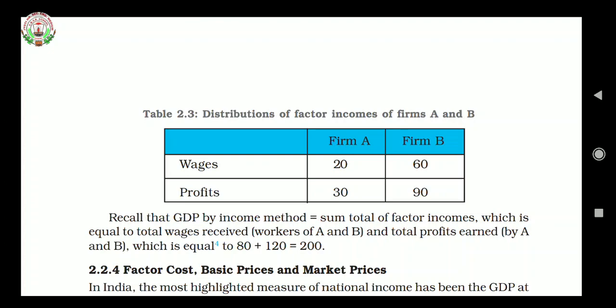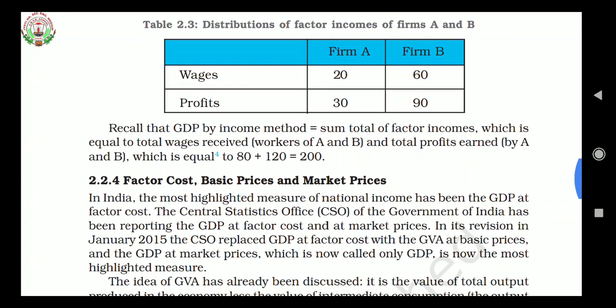Recall that GDP by the income method equals the sum total of factor incomes, which is the wages received by workers of A and B plus the total profits earned by A and B, equal to 80 plus 120 equals 200. That is, wages 60 plus 20 equals 80, and profit 90 plus 30 equals 120. Together it comes to 200.